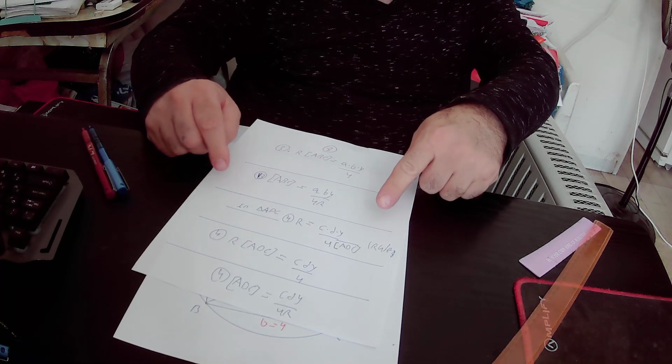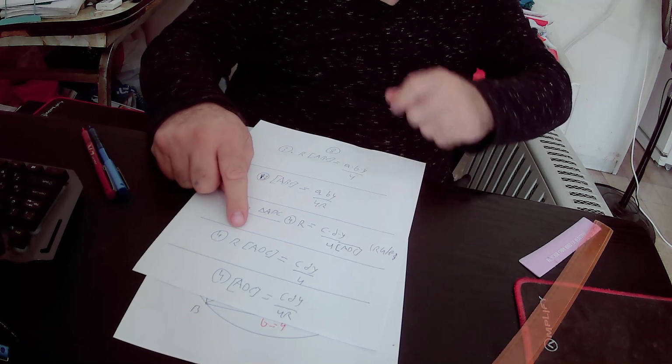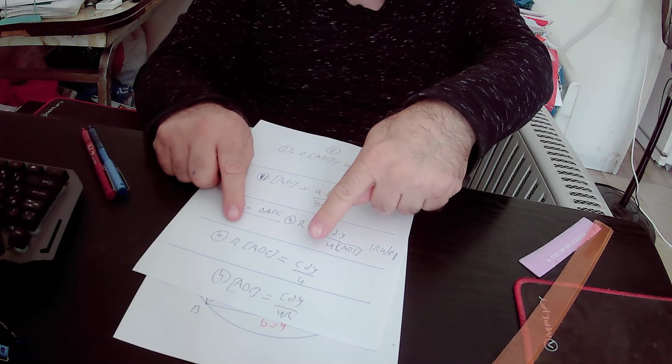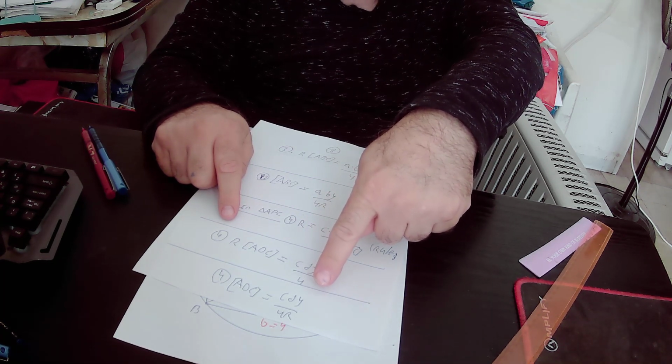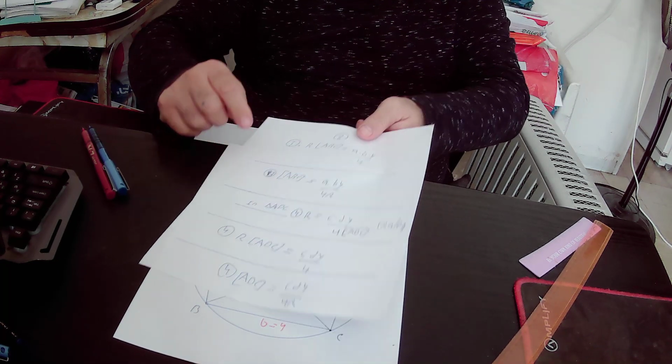We multiplied equation number 4 by the area of triangle ADC, and then we divided equation number 4 by the radius, and we got that the area of triangle ADC equals CDY over 4R. Okay?